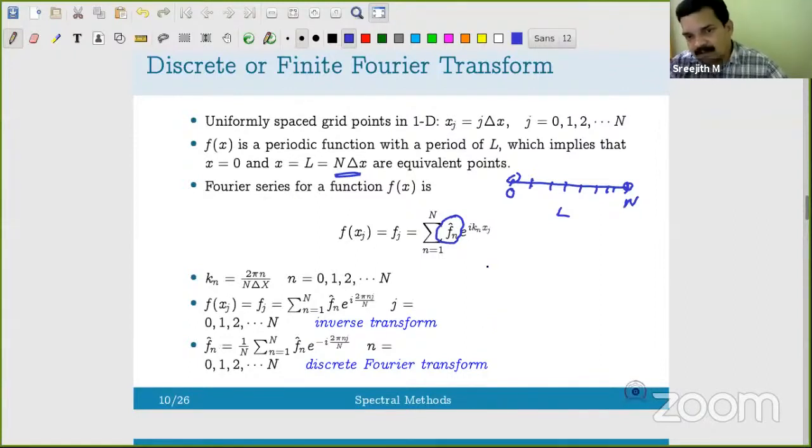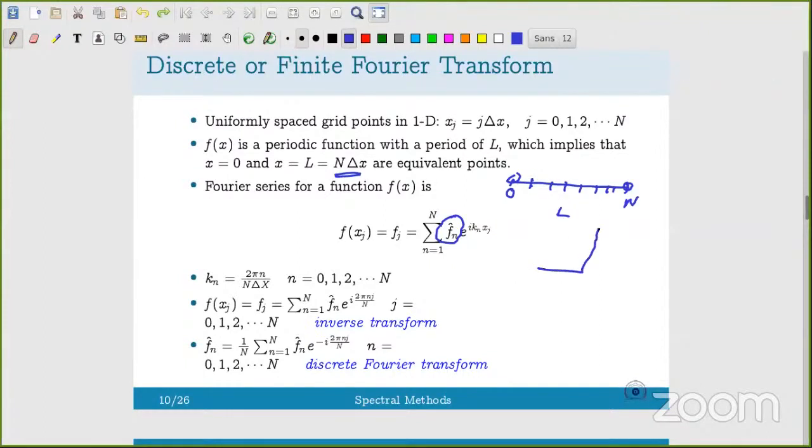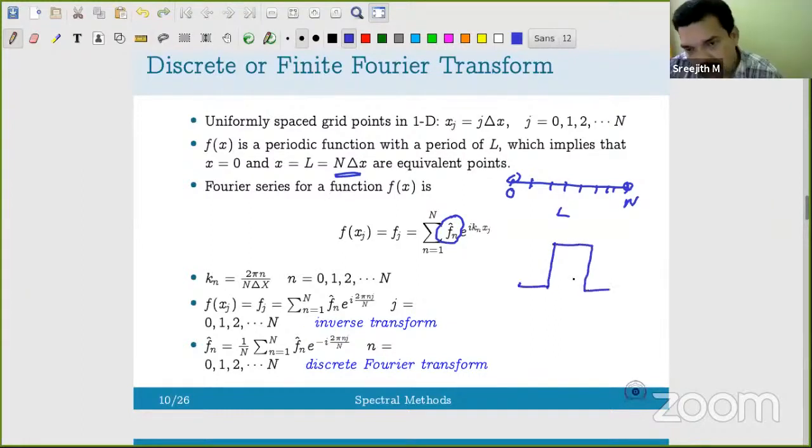If it is not continuous, for example a hat function, then if you take the Fourier interpolation, you have spurious oscillations.